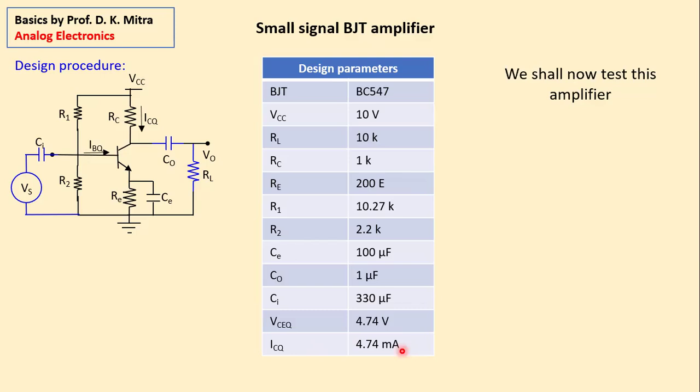You might have designed it perfectly, but the frustration is due to the values that you put in here. All of them have many tolerances. The BJT that you are using has so many factors and so many tolerances. And considering all those tolerances, you may find your amplifier gain is not what you want.